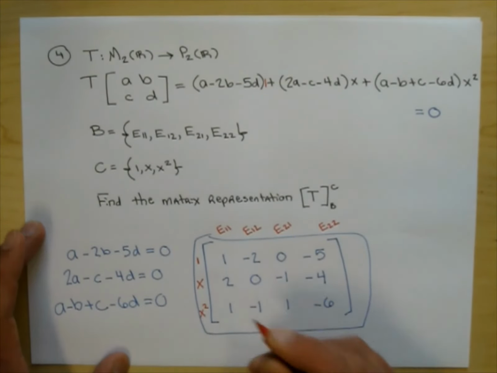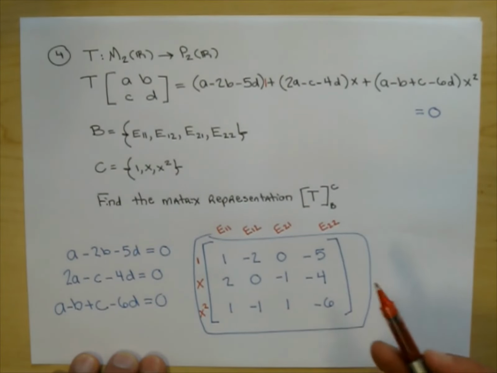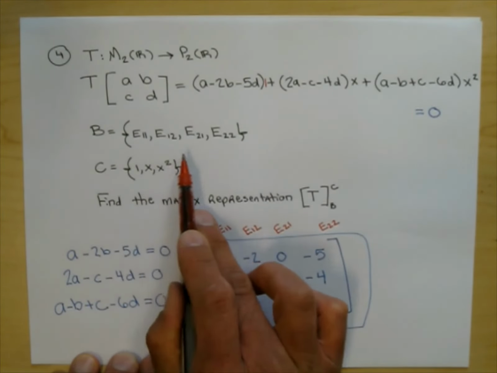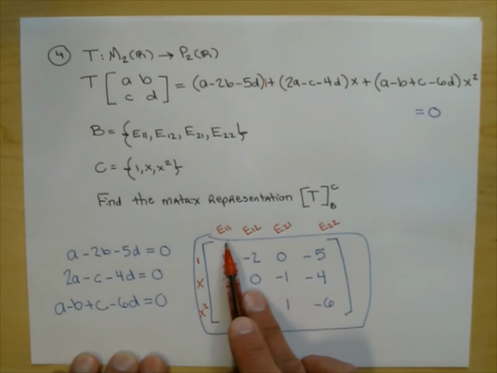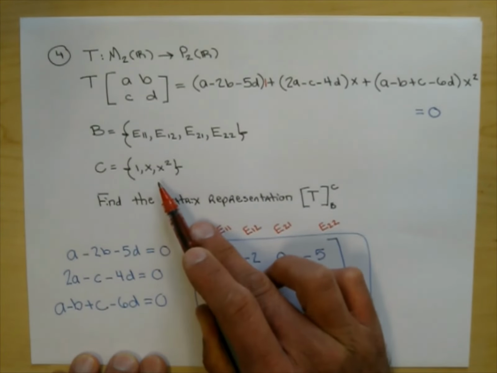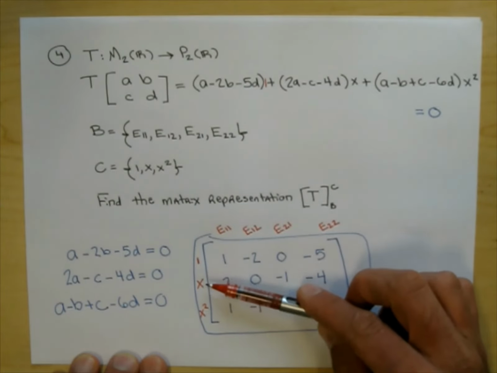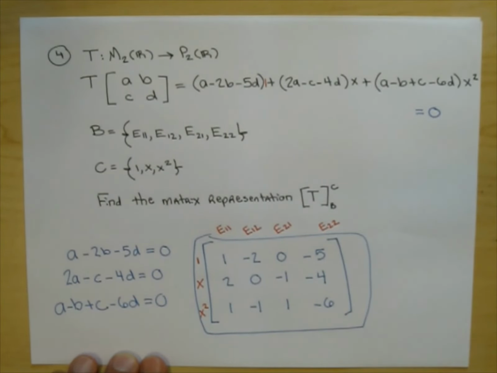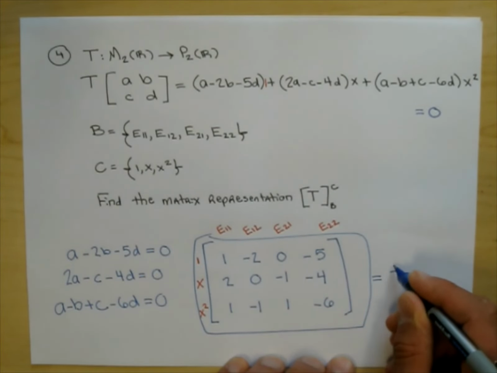So sometimes when I'm finding the matrix representation, I look at my ordered bases and make sure the ordered basis B is in the same order up there, and the ordered basis C, 1, x, x squared, is in the same order right there. And if it is, then I have just completed this problem.